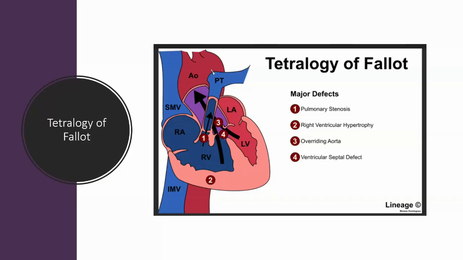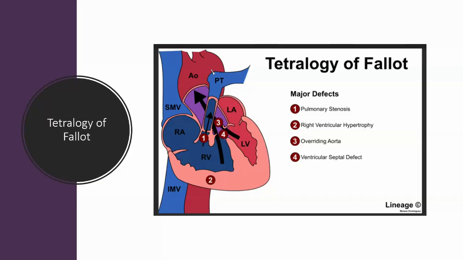So right ventricular hypertrophy is usually secondary to the pulmonary stenosis, and the degree of overriding of the aorta varies widely, and it's not always present. So the severity of the right ventricular outflow tract obstruction determines the direction and the magnitude of the shunt through the VSD. Actually, with mild stenosis, the shunt is from left to right instead of what we know as right to left, making it acyanotic.